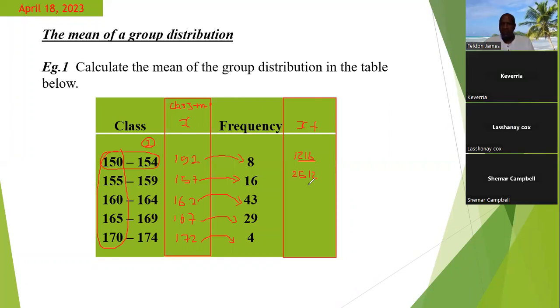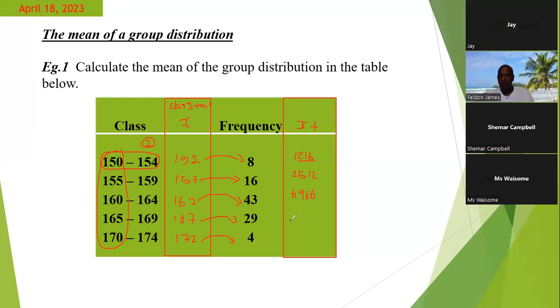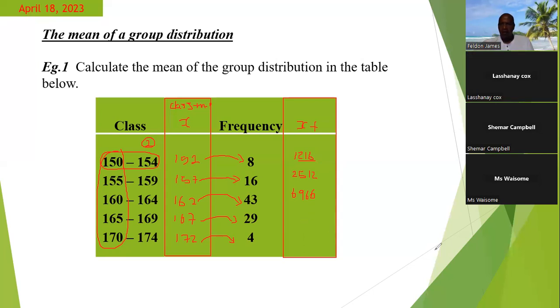Ms. Wilson, what is your XF value for the third one? 6,966, sir. Anybody else can confirm? Okay, one person.